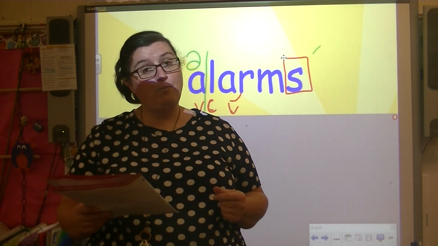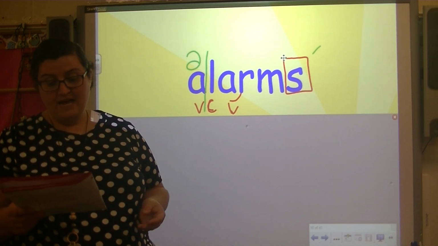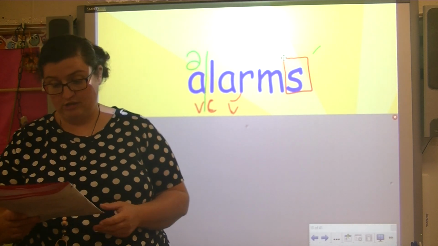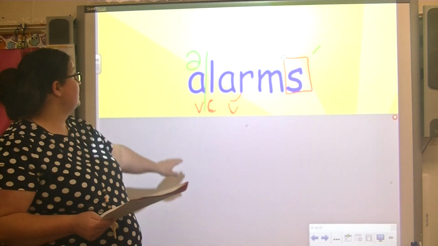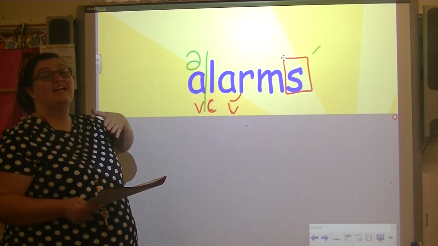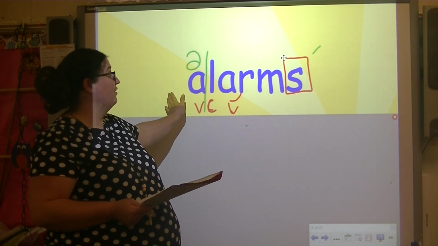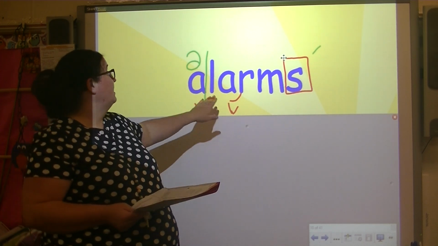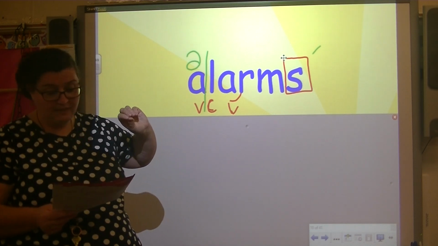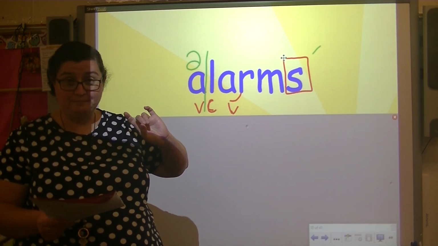When it is in open, unaccented syllables, it will make the letter A say the schwa sound. So anytime you have A in a syllable that is open like this all by itself and it is not accented, it is going to say schwa, okay?